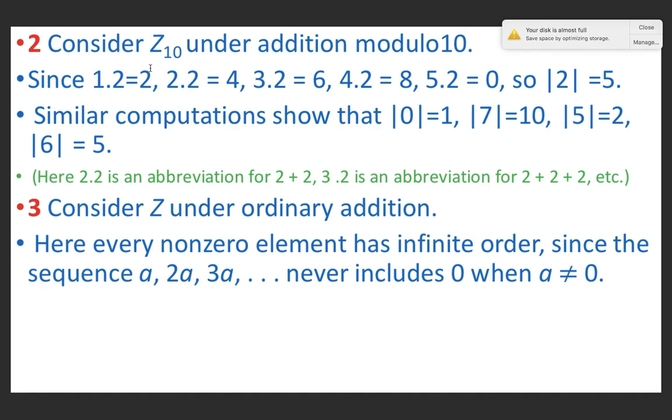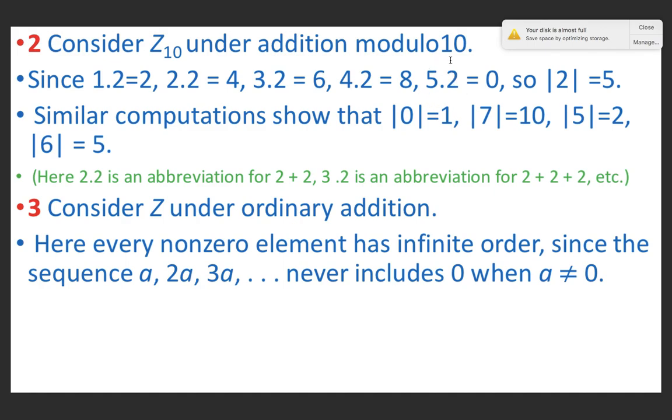In this case we will use the formula n g equal to 0, because 0 is the identity element for the set of integers. So 1 into 2 is 2, 2 into 2 is 4, 3 into 2 is 6, 4 into 2 is 8, 5 into 2 is 0. 5 twos are 10.